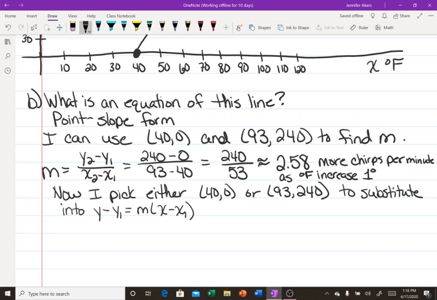So if I use 40, 0, my equation is going to look like y minus 0 equals 2.58 times x minus 40.